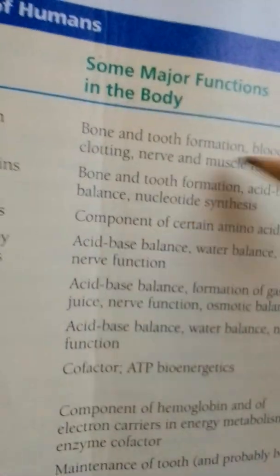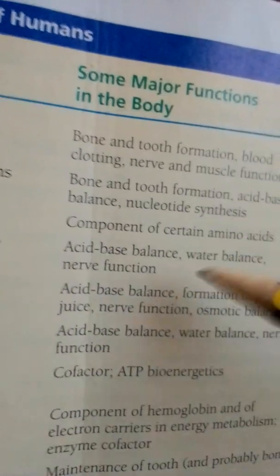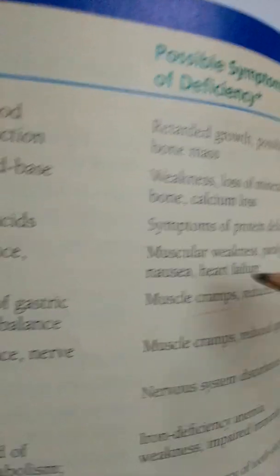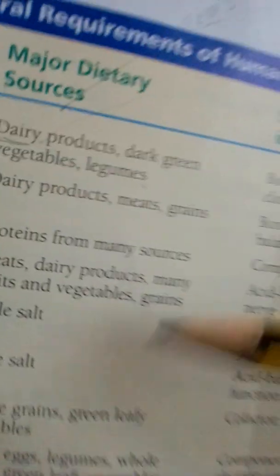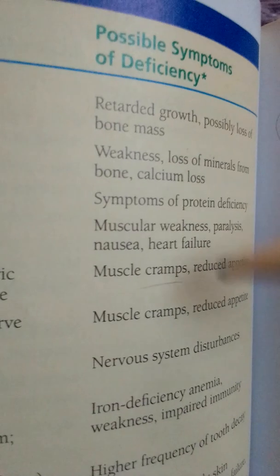Major functions: bone and tooth formation, acid-base balance, nucleotide synthesis. Possible symptoms of deficiency: weakness, loss of minerals from bone, calcium loss. Sulfur, S: proteins from many sources. Major functions in the body: components of certain amino acids. Possible symptoms of deficiency: symptoms of protein deficiency.